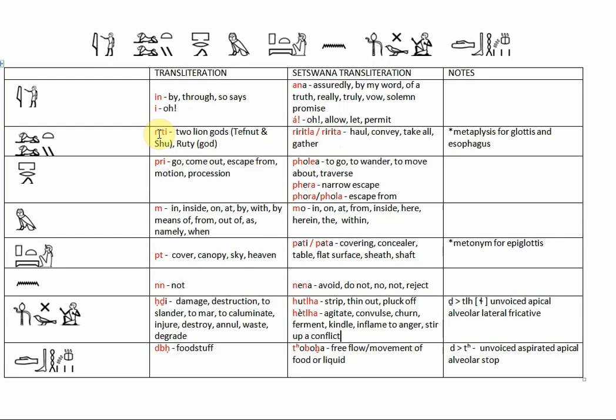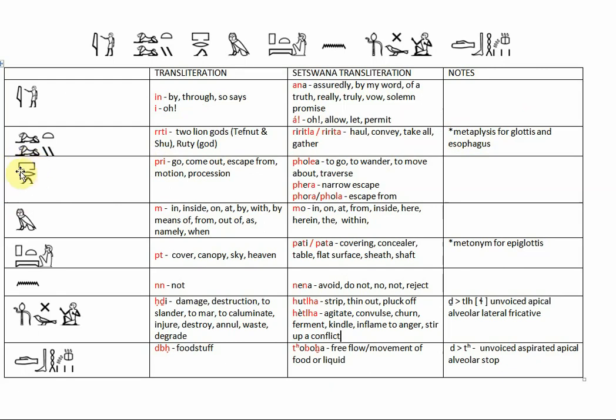Because this here, Rirti, is a metaplesis for the glottis and the esophagus. Of course, to find out what metaplesis means and how it is used, go back to our previous presentations.